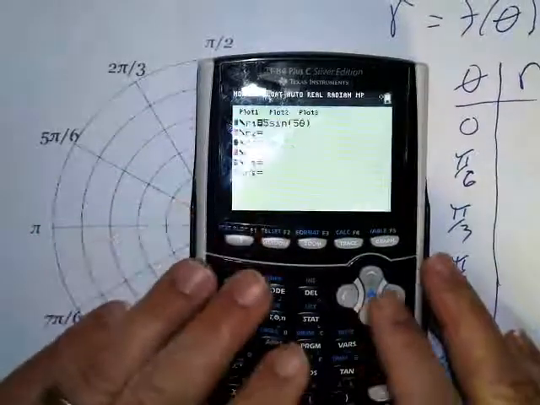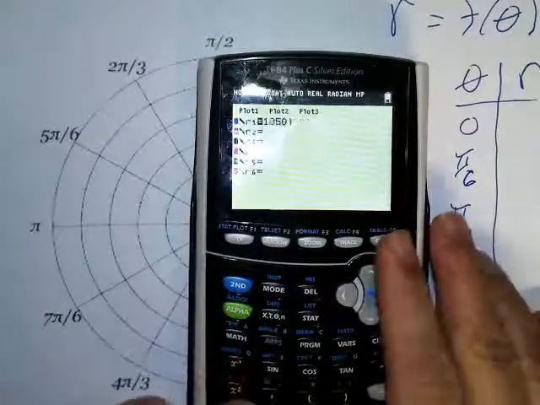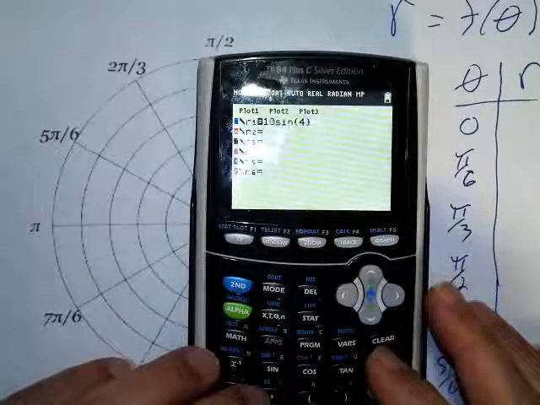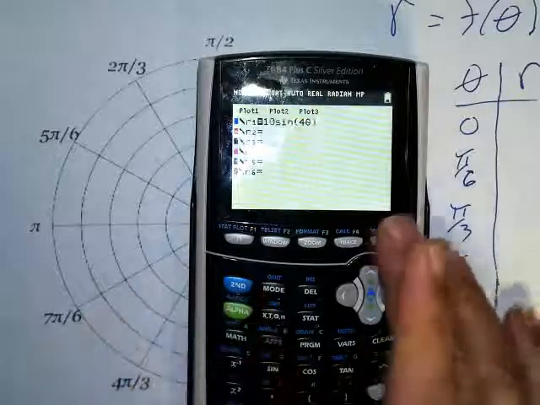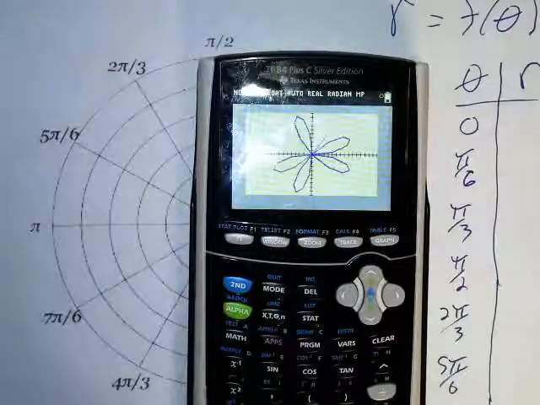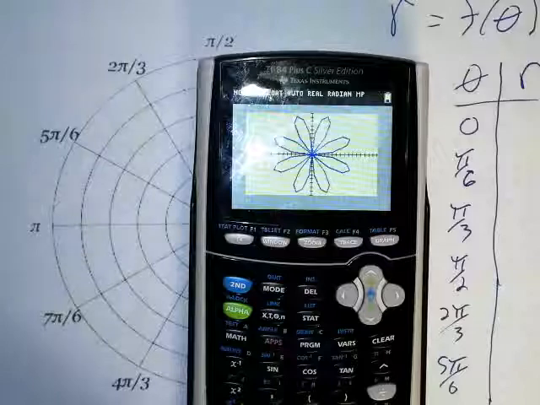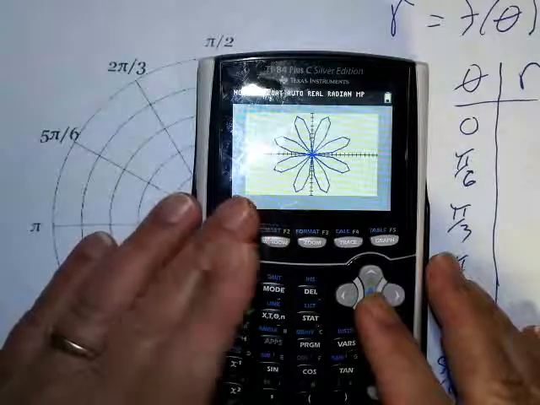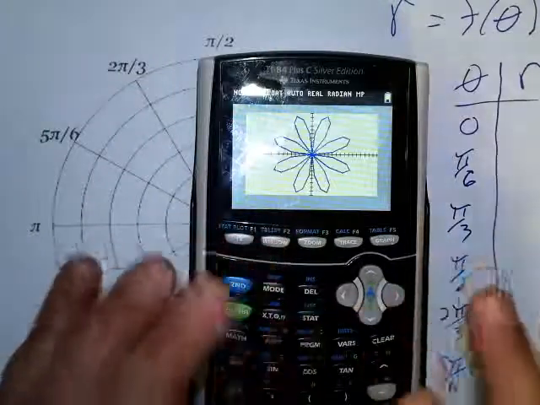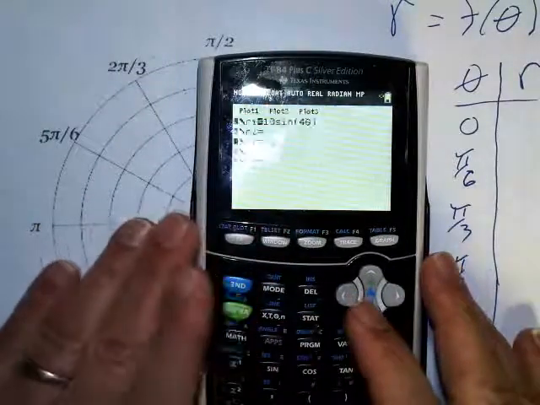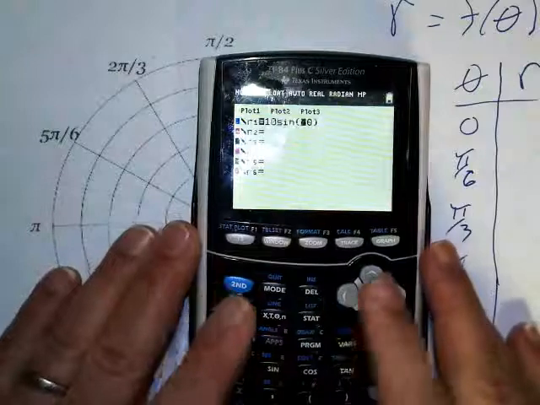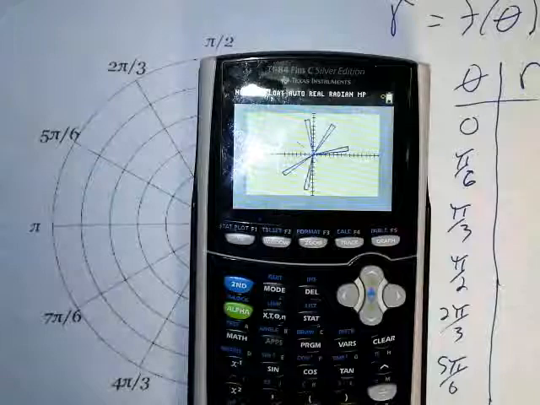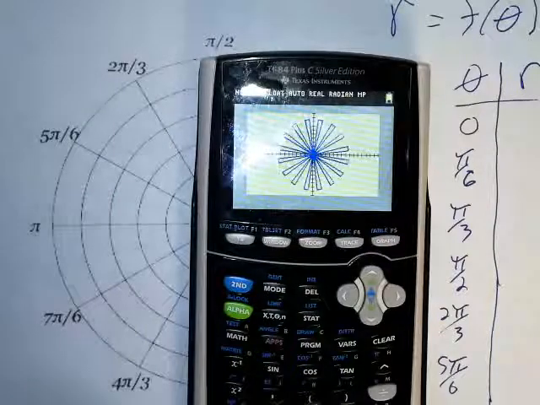So let me go back here, and maybe I'll change this to 10, and we'll do sine of 4 theta inside there. So they're nice and big, and then you get 8 of them. Now, what if I did another even one? If it's even, that's when you get double. So let me do 8 theta. Okay, so it's really neat.